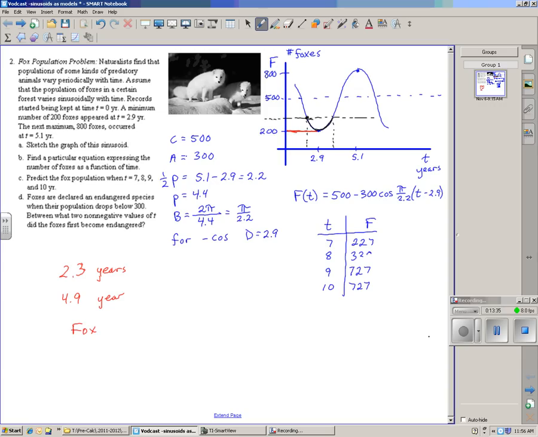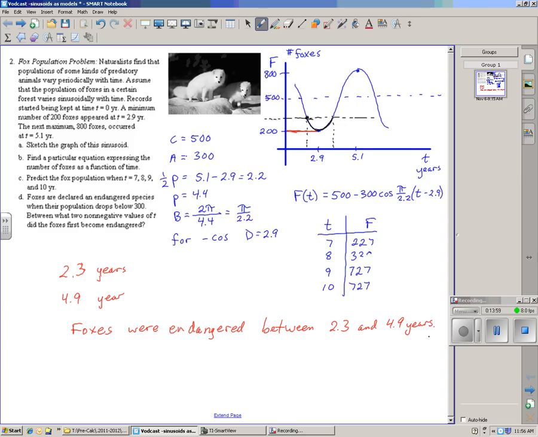Foxes were endangered between 2.3 and 4.9 years. And that's it.